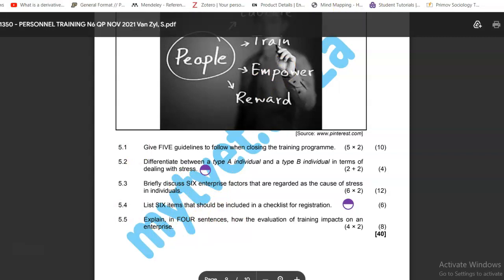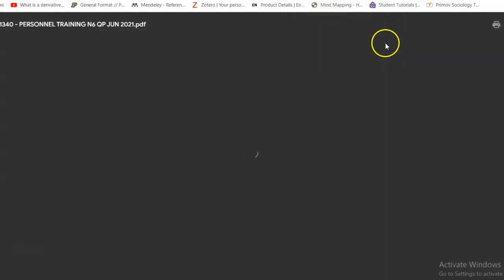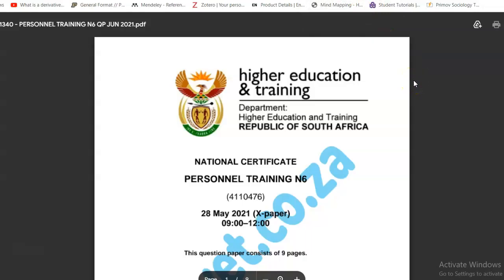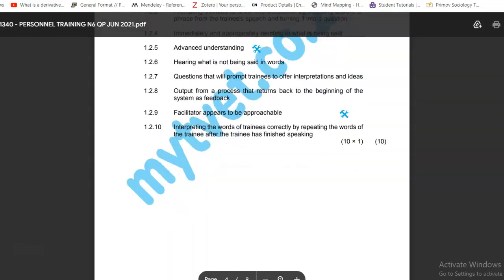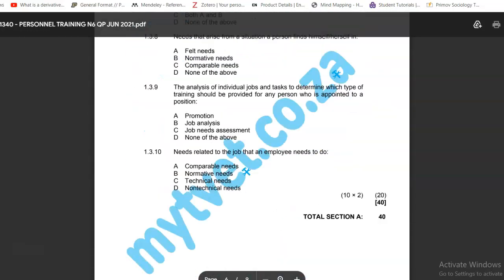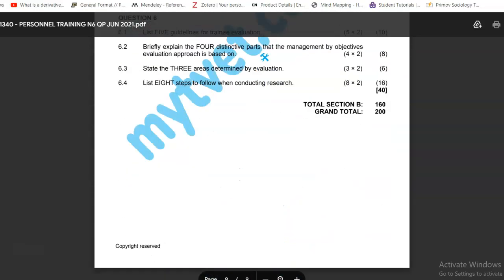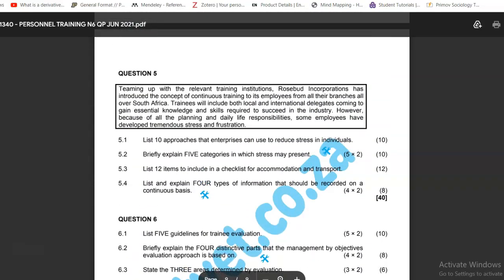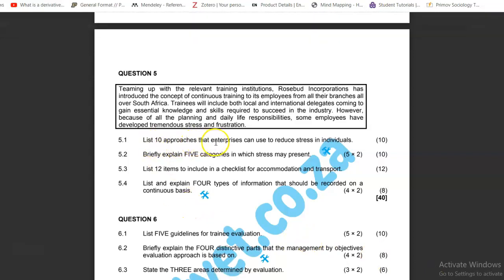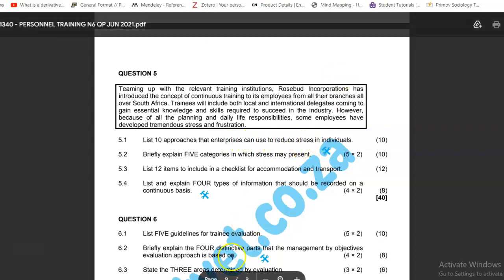All right, let's check the second question paper. Second question paper, 2021 July. List 10 approaches that enterprises can use to reduce stress.